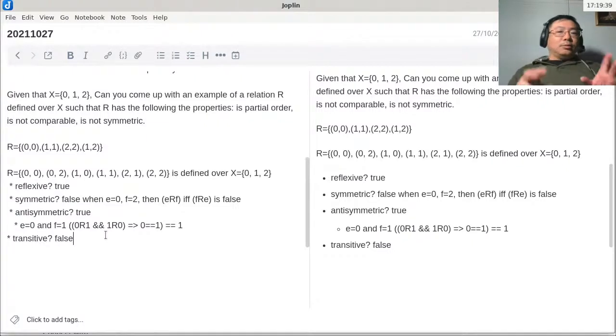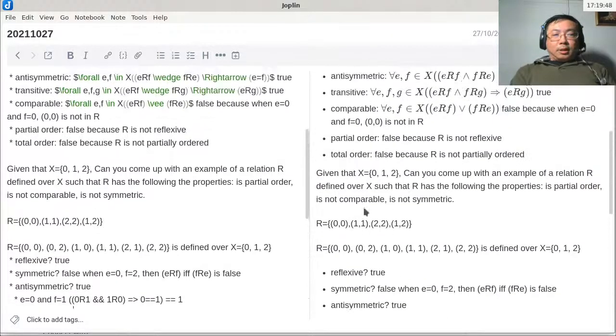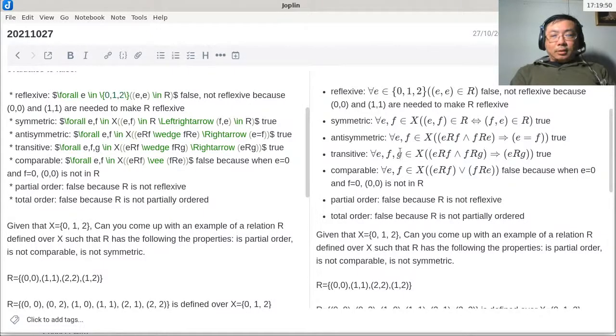Okay, so to know whether something is transitive or not, because it's also based on implication, let's go back to the definition of being transitive. It's right here. Because it is still based on an implication, the first thing you need to do is to find a way so that the left-hand side is true.